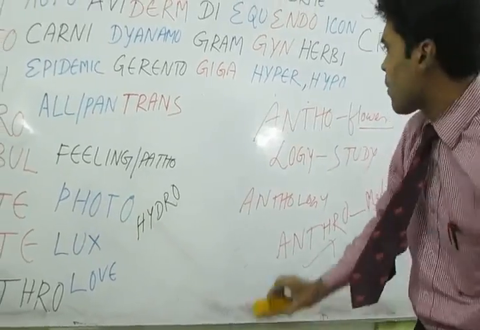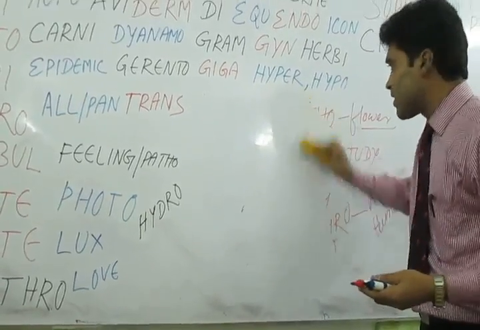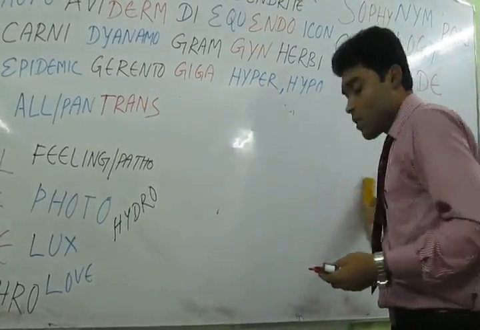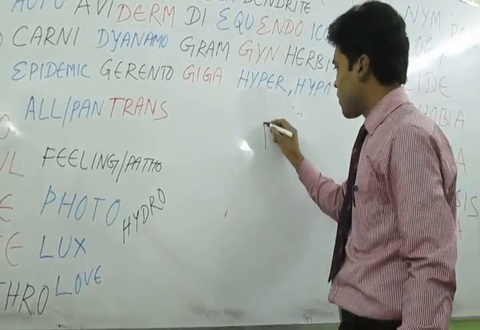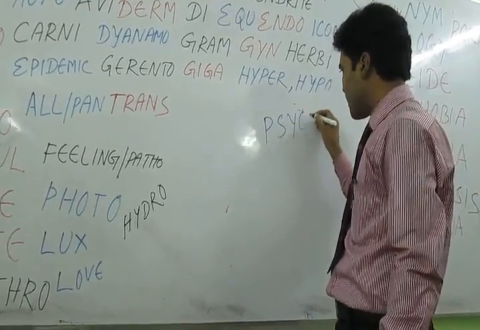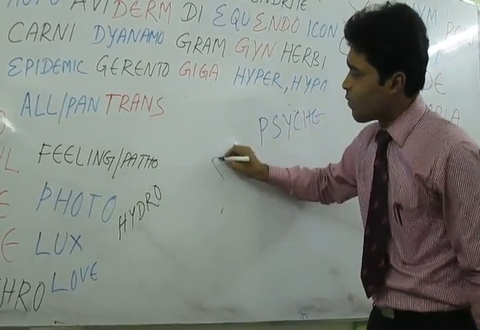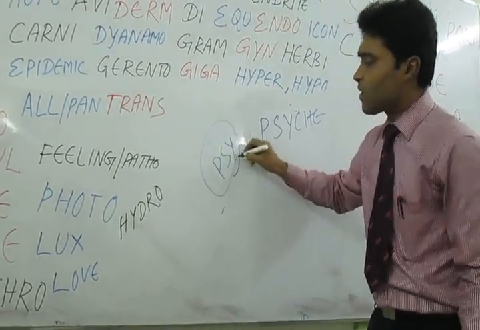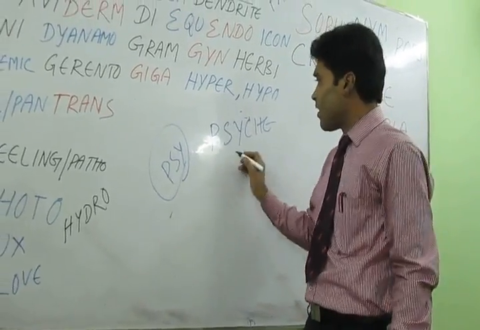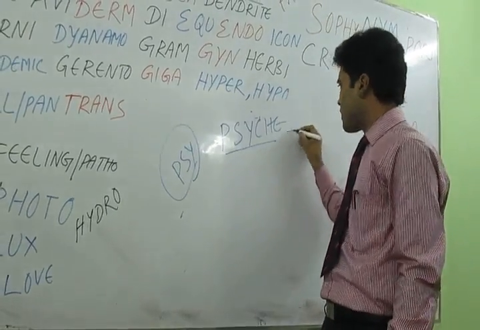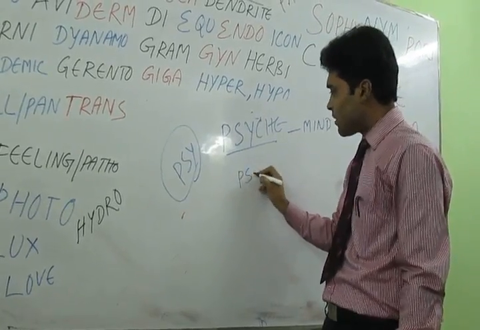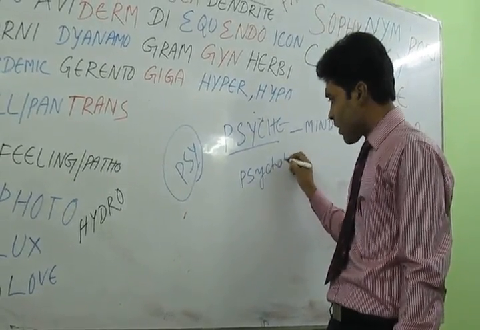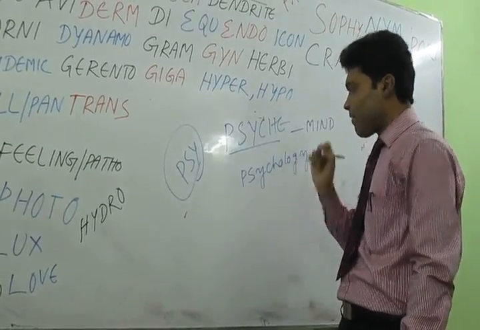If I say psychology, logy means study, psych means actually mind. Psych in Greek is P-S-Y-C-H-E, not the P-S-Y one. Psy is a famous singer from South Korea. Anyway, psych means mind. And if I say psychology, then it is study of mind and behavior.